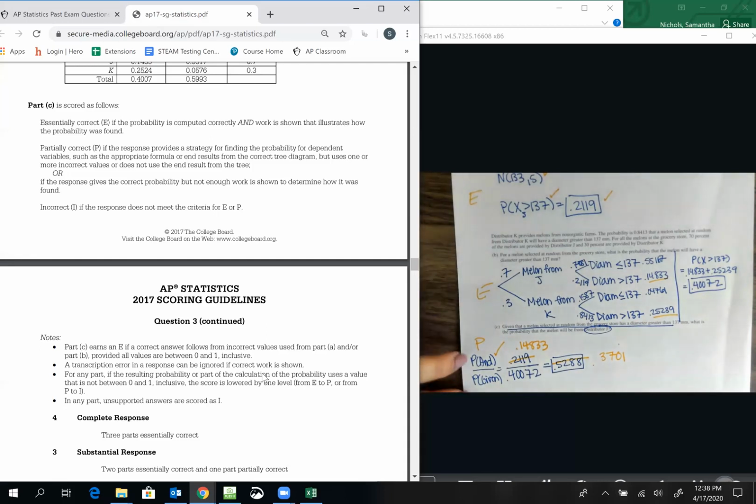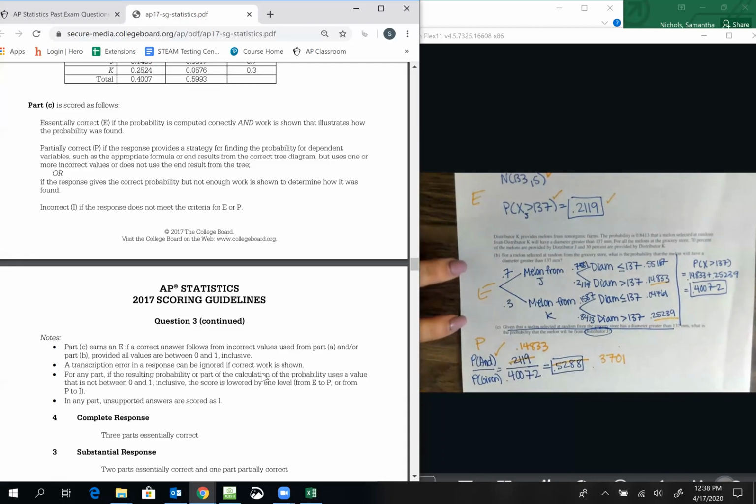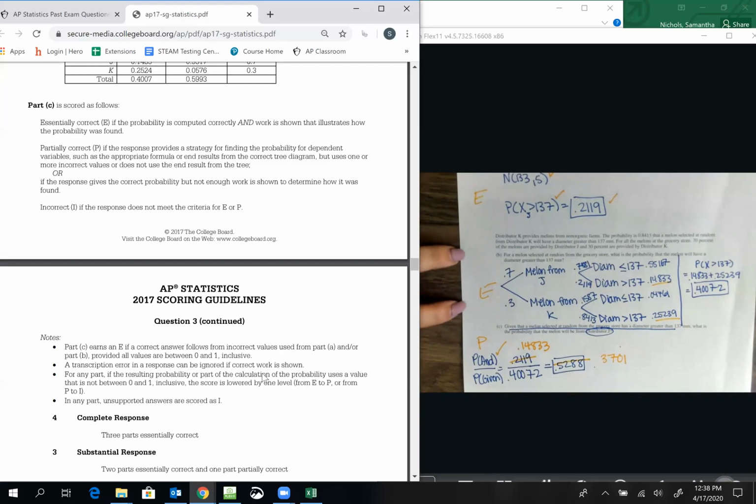Same thing on part C. If you made a mistake on part B, but then your answer is consistent with part B for part C, 100% correct, as long as the answer you got is reasonable, meaning it's between 0 and 1. So if you got above 1 or less than 0, it was not essentially correct. But other than that, it would have been essentially correct for the parts going forward. So that's an error carried forward. You make the mistake once, you don't get penalized for it every time.